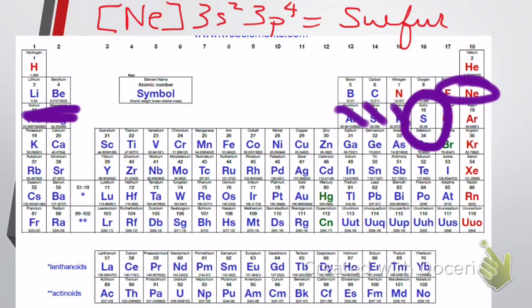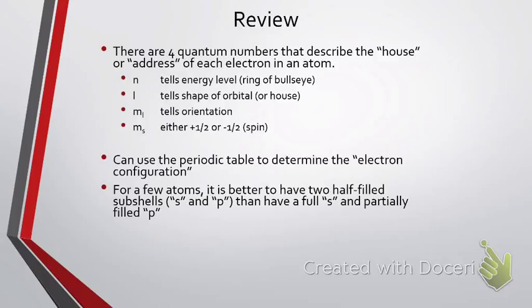Hopefully this has helped explain some of the way to do electron configurations. So let's just do a quick review. First off, remember we do have 4 quantum numbers that describe the house or the address or social security number, if you want to think of it that way, of each electron. The n is the principal quantum number, and it tells the energy level that the electron orbital is on.